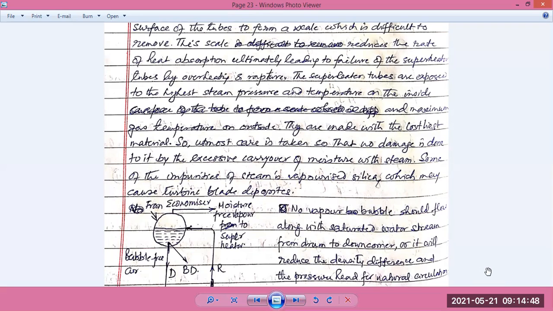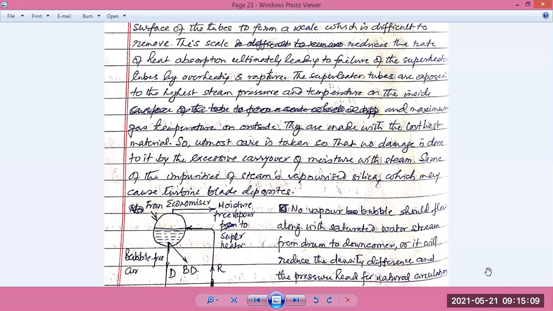It means the water saturated without any vapor inside is supposed to have the highest density throughout the circuit, and by means of its own weight it will move down through the downcomer, go to the riser, be converted into steam, move up and go back to the drum itself.